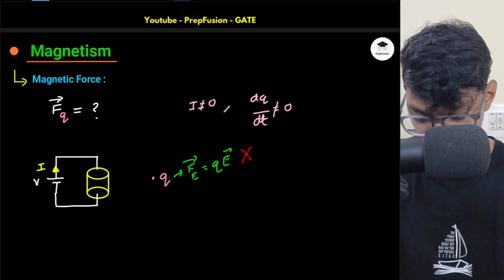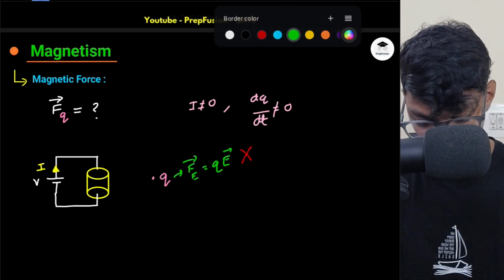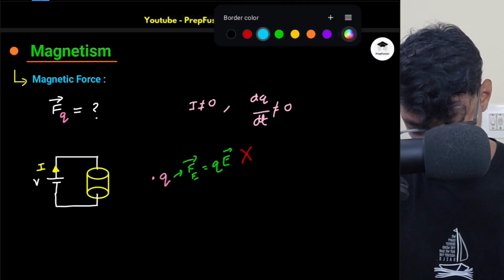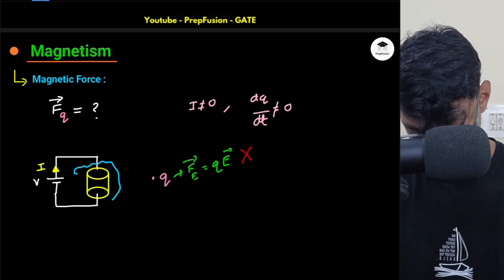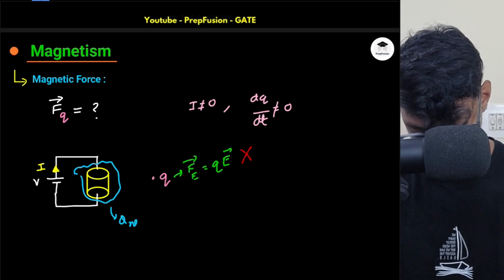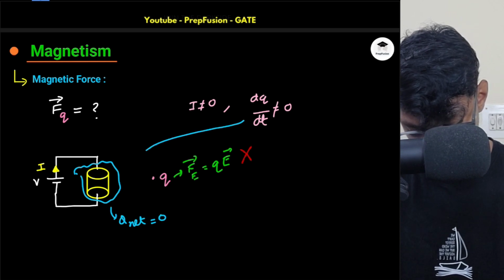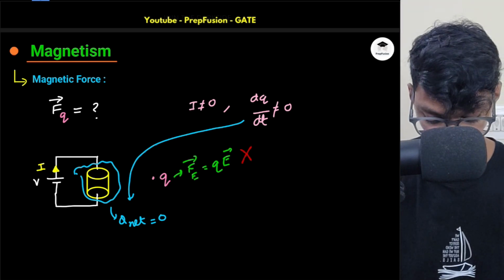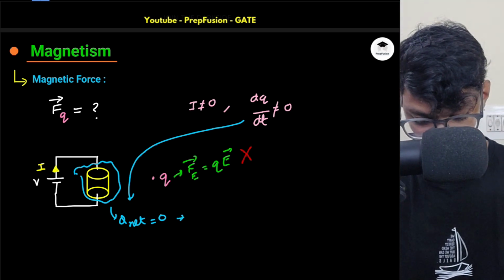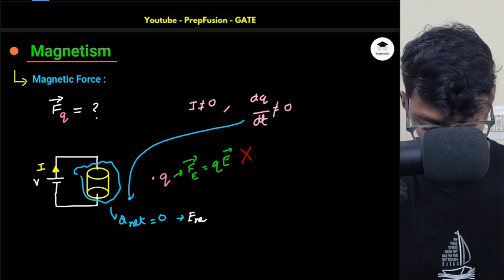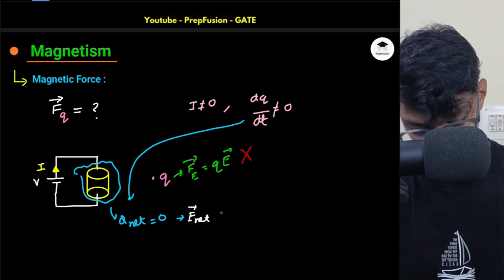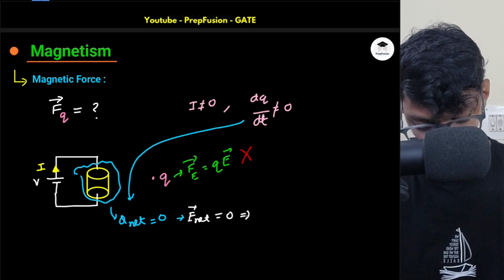The net charge inside this, Q net, will simply be 0. Why? Because dq by dt is 0. Whatever charge is coming in is going out instantaneously. So if Q net is 0, that means my net electric field E will be 0. So the electric field is 0.